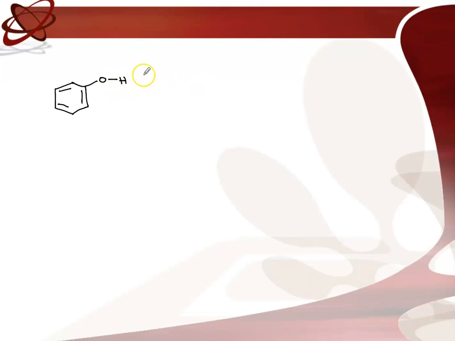Now, it turns out that amines, while they can partially deprotonate a phenol, the difference in the acidity and basicity of the compounds and their conjugates is not so great that it would completely ionize it. So instead, what I'm going to use is just hydroxide to show the deprotonation of this.